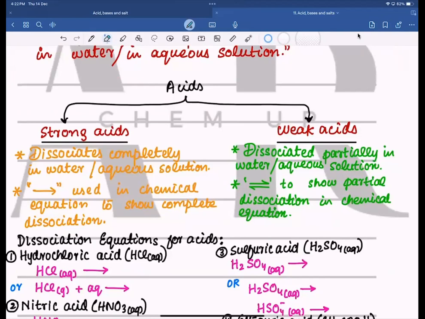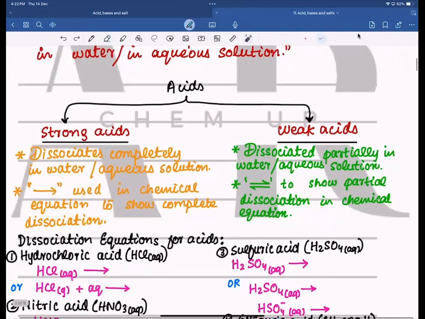One is called strong acids and the other is called weak acids. What is the difference between these two?